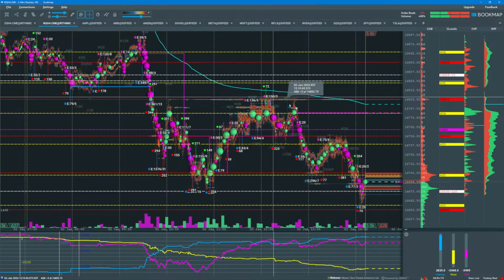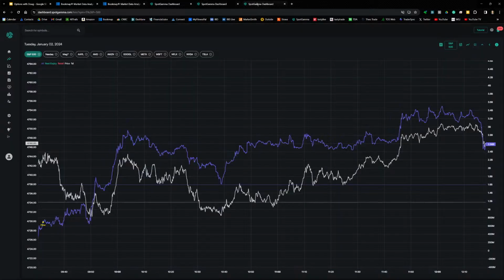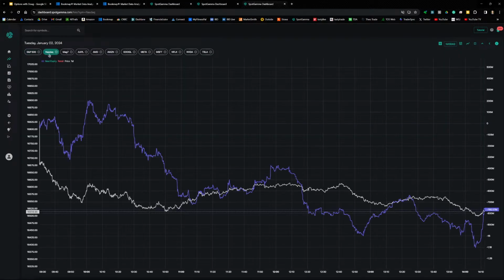So down to the NDX 16,500 level. All right, let's go back to Hero, see what options traders have been doing. Back to Hero, and we can take a look at the NASDAQ signal now. And this is a combined signal of NDX and QQQ, and it's mostly QQQ. And note that it is bearish for the day.